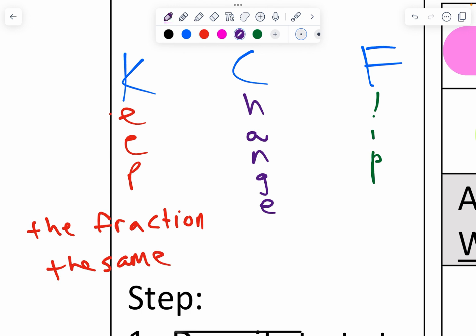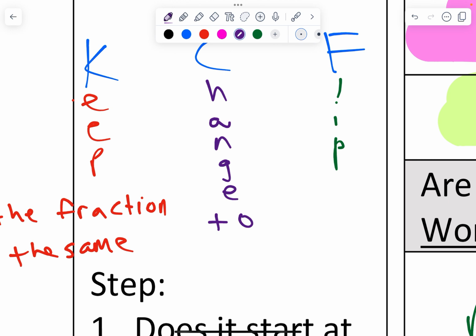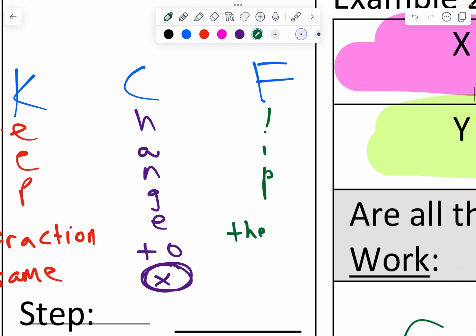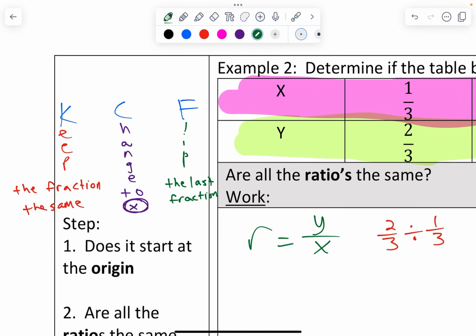But we want to change this to multiplication. So from division, I want to change it to multiplication. And then the last one, we're going to flip the last fraction. So I'm just going to turn it the other way. Okay? So again, keep, change, flip. If you guys need to push pause to keep writing, go ahead and do that, but I'm going to move on now.